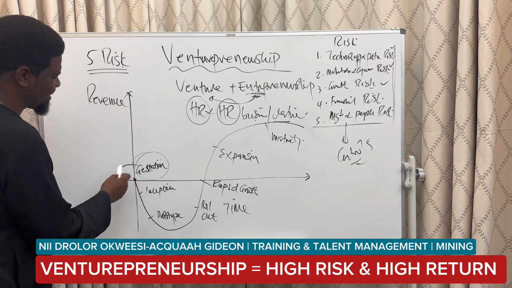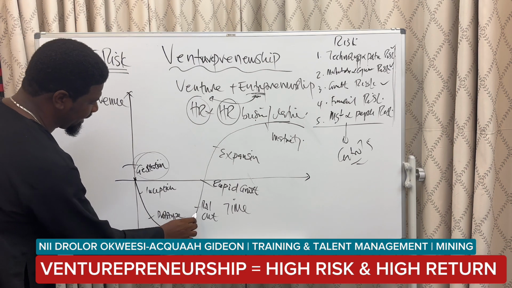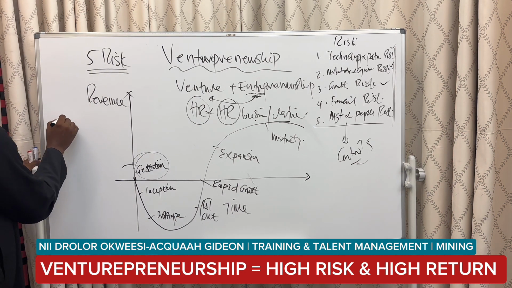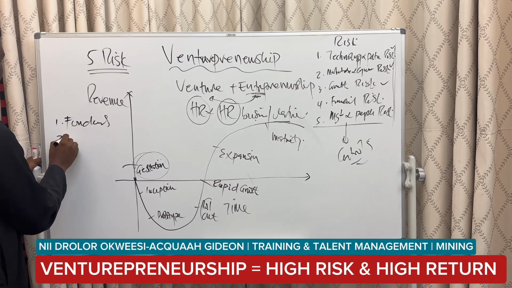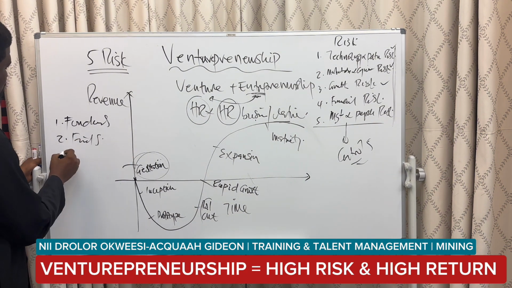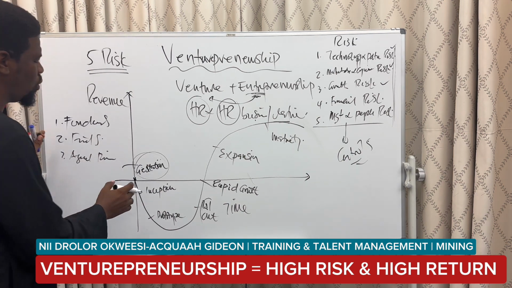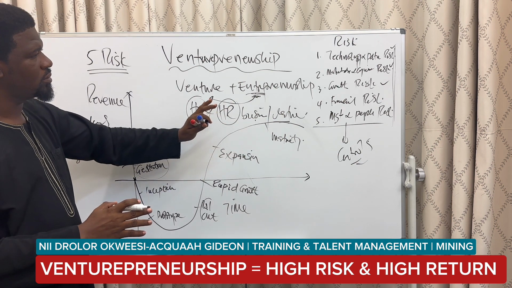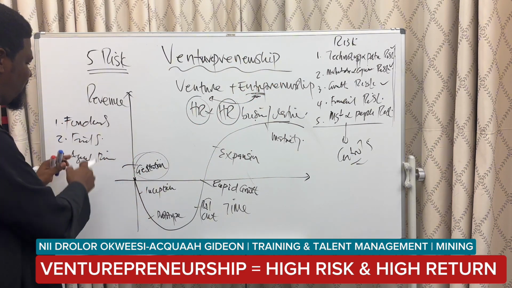Because between the gestation period and say the rollout period, the source of funding normally is from the founders, and sometimes friends will contribute. You may also fall on angel financing, right? So depending on the growth level, the outcome of your risk assessment, you decide on your source of funding.